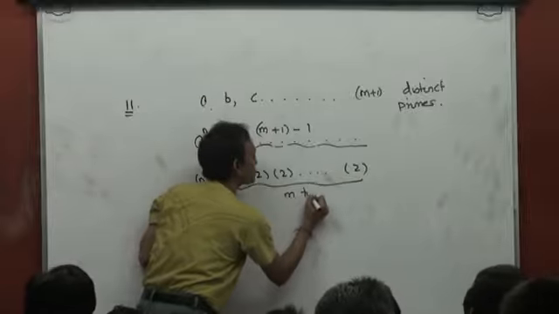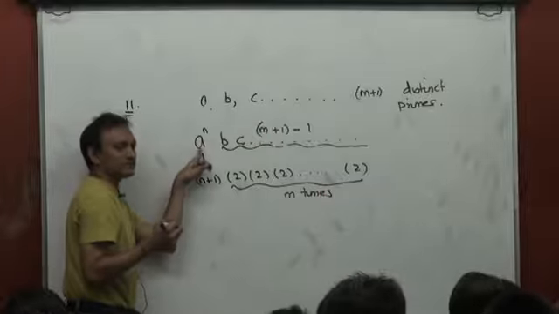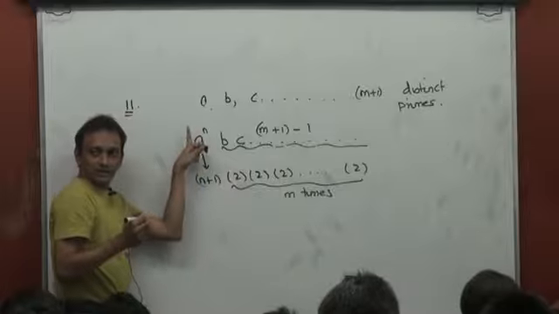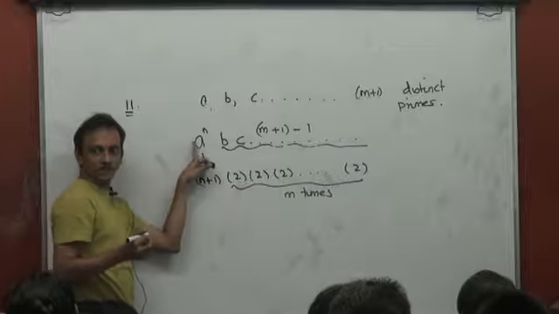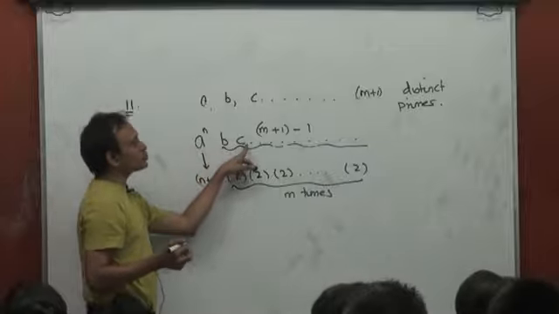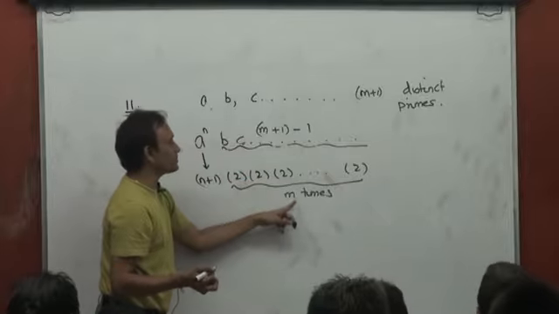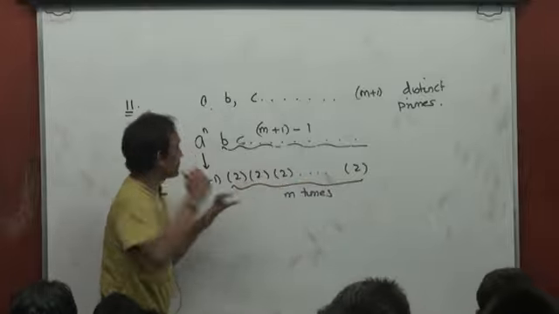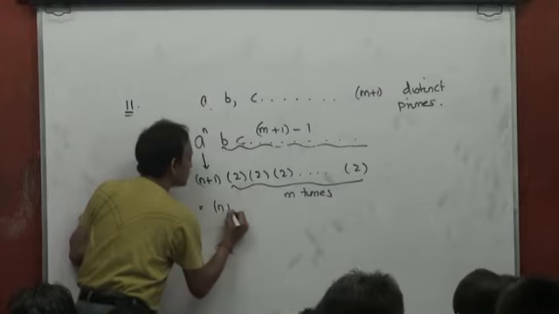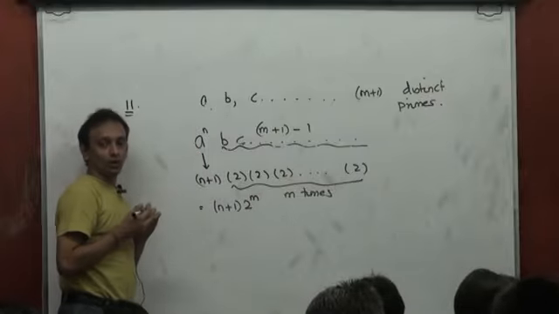M times. Because M factors remain, 1 has been used up as various powers of A. I can either select A power 0, A power 1, A power 2. So n plus 1 ways of dealing with this, 2 ways of dealing with this, 2 ways of dealing with this, and there are M such factors. So that makes it 2 into 2 into 2 into 2, that makes it 2 to the power M. So n plus 1 into 2 to the power M factors in all.